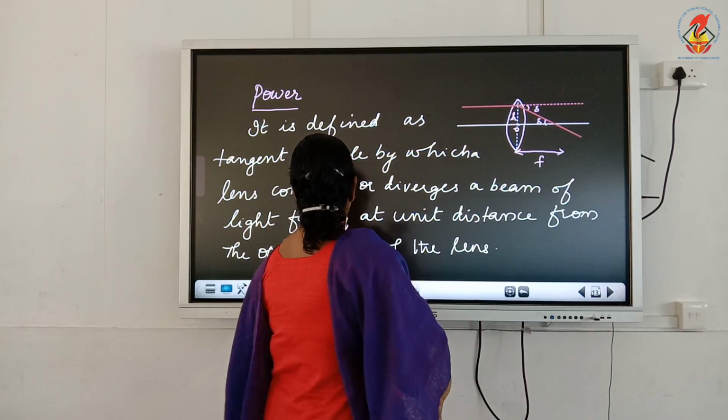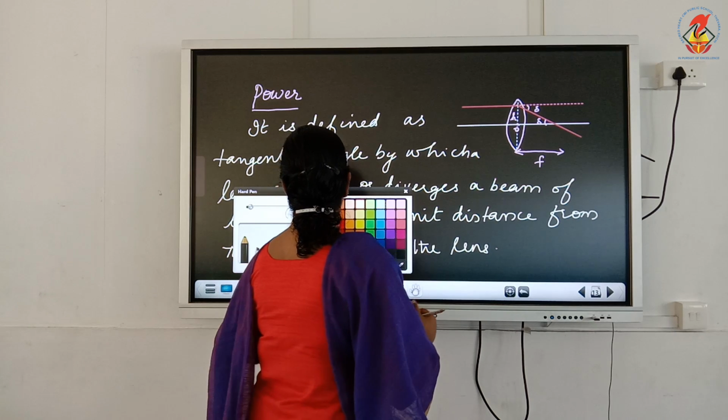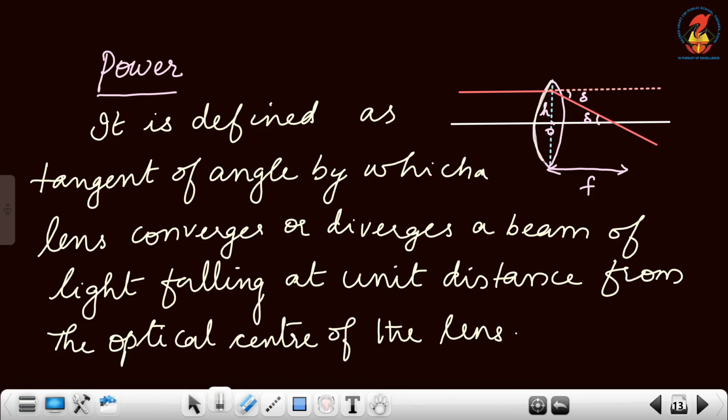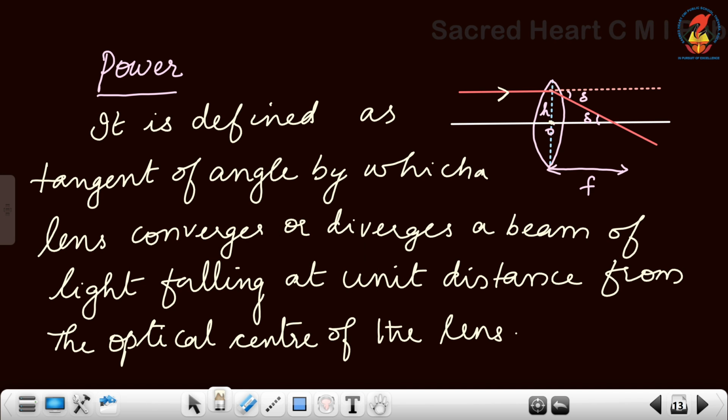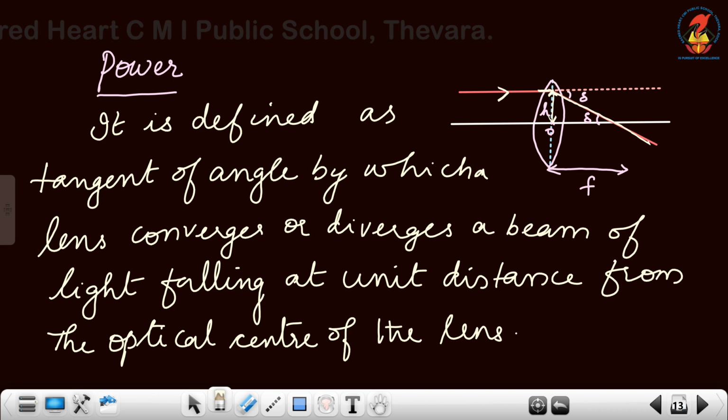So imagine you have a lens. This is the optical center, and a ray of light is passing through the lens at unit distance from the optical center, so h is equal to 1. After passing through the lens, it undergoes refraction and passes through the focus, since the incident ray is parallel to the principal axis.